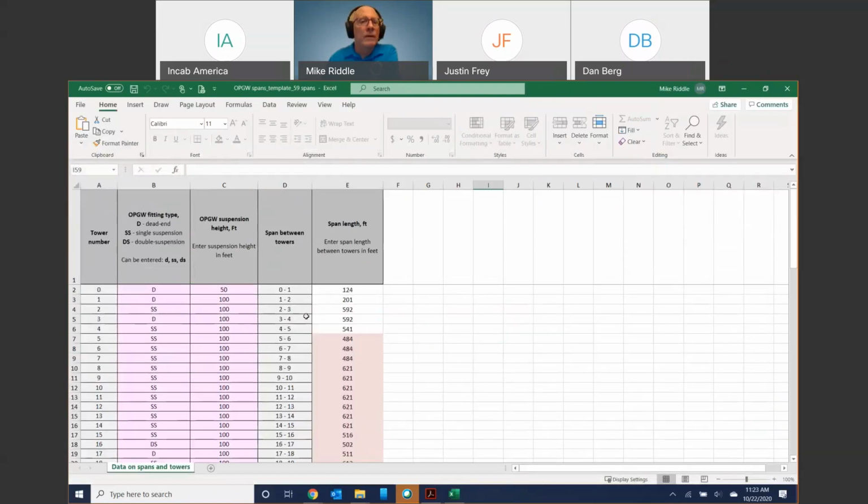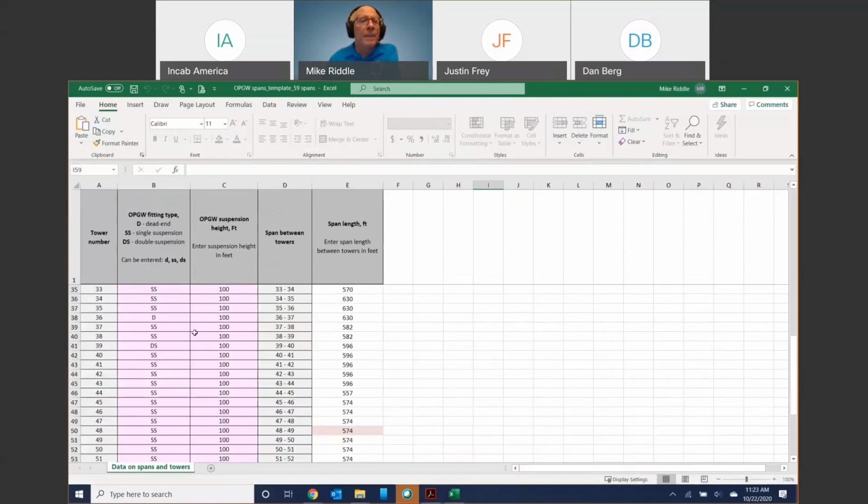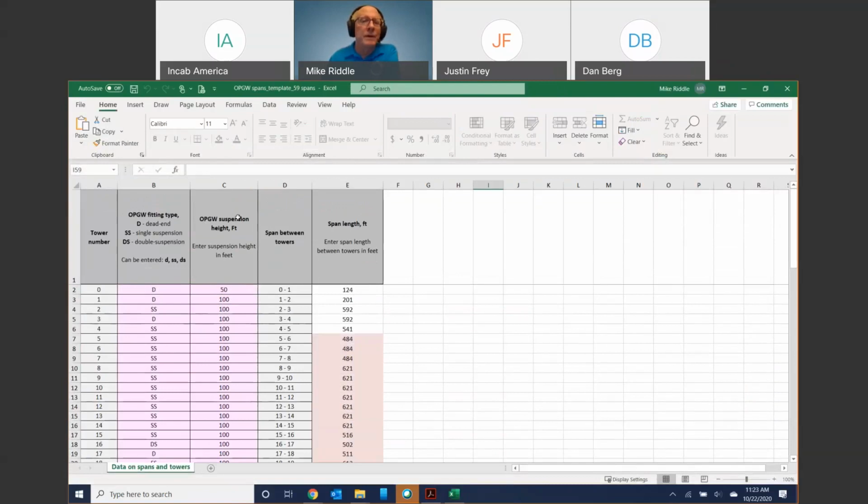Okay, so as I say, from a customer a couple years ago, 59 spans, and it's a very basic template. It's the header giving you instructions, basically your tower numbers. You know, by default, it's just going to be 1, 2, 3, 4 kind of thing, starting from 0, but you could put in whatever numbers you wanted.